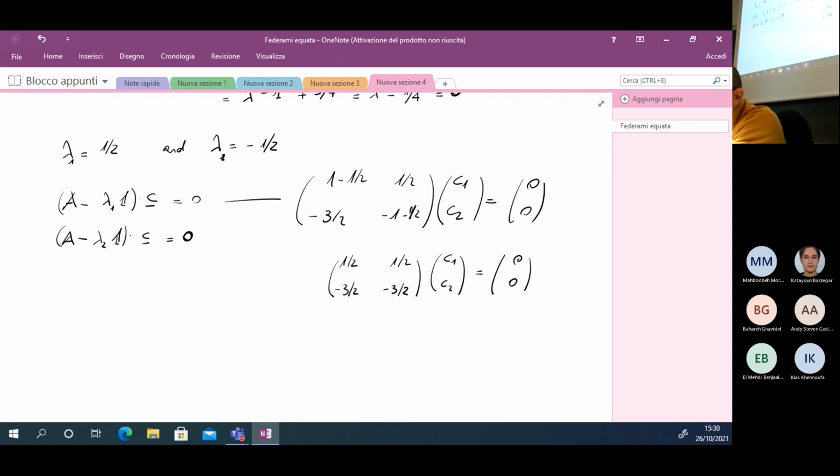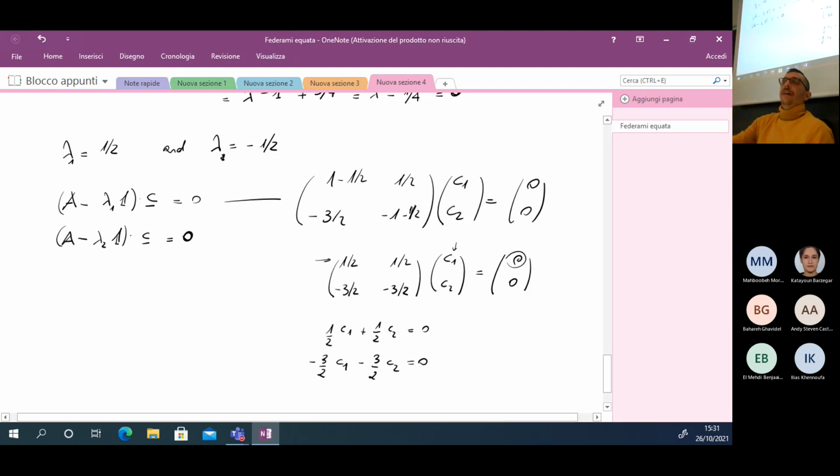So this is equivalent to the system: product row by column, 1/2 C1 plus 1/2 C2 equal to 0. So this row times this column equal to 0. And minus 3/2 C1 minus 3/2 C2 equal to 0. Now, the interesting thing is that basically the second line is linearly dependent from the first one.